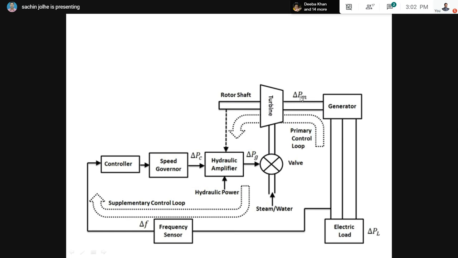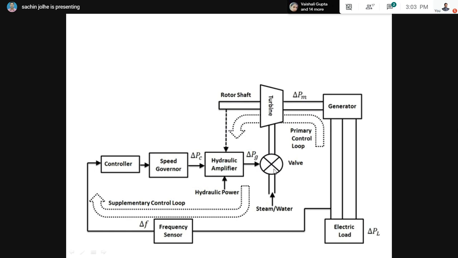This is sensed by the turbine, and again it is a closed loop, the primary control loop. If the speed is very much less, it is sensed, and it is going to open the gate of this valve.